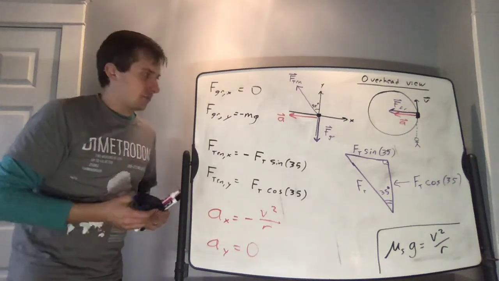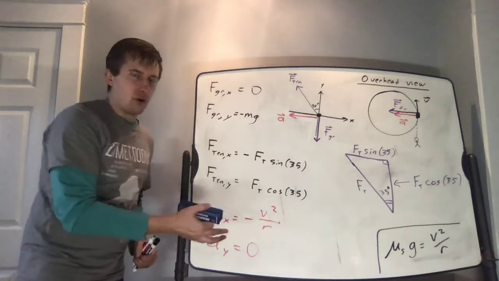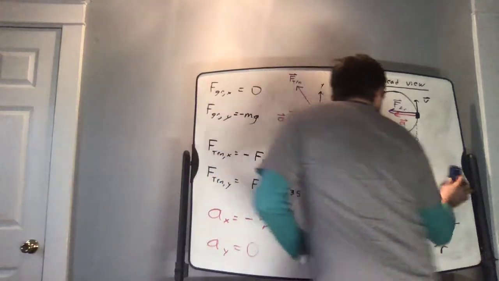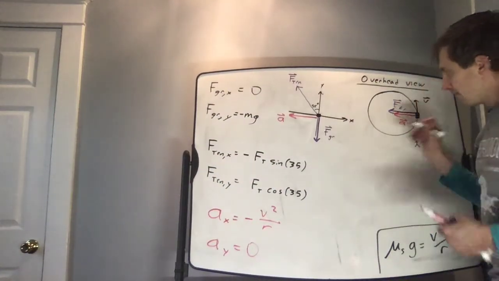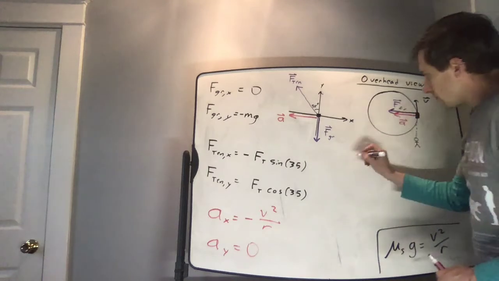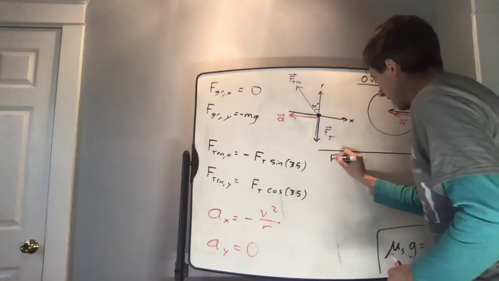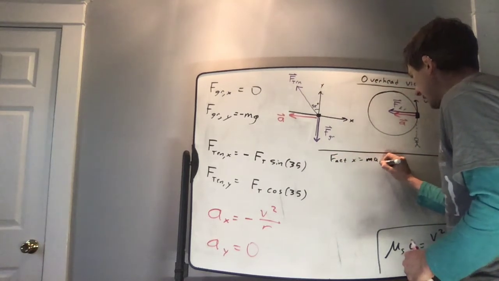Now we could set up Newton's second law for F net x and F net y and solve and see what we get. So for the x direction, F net x equals m a x.